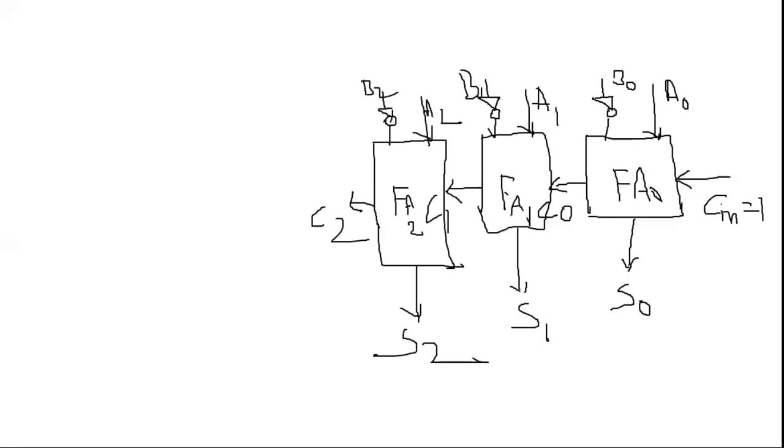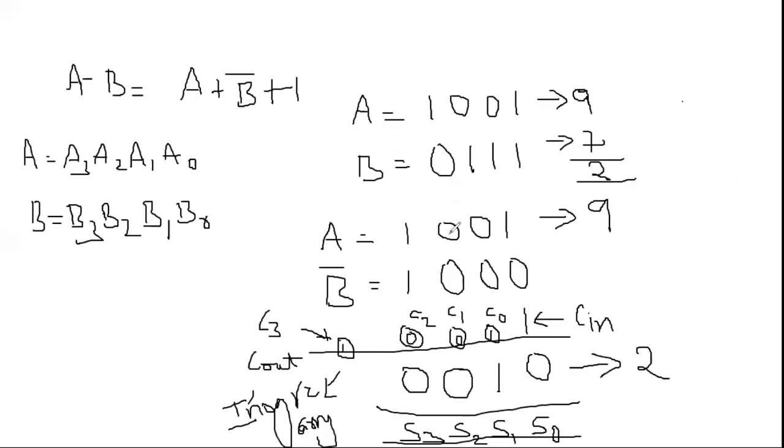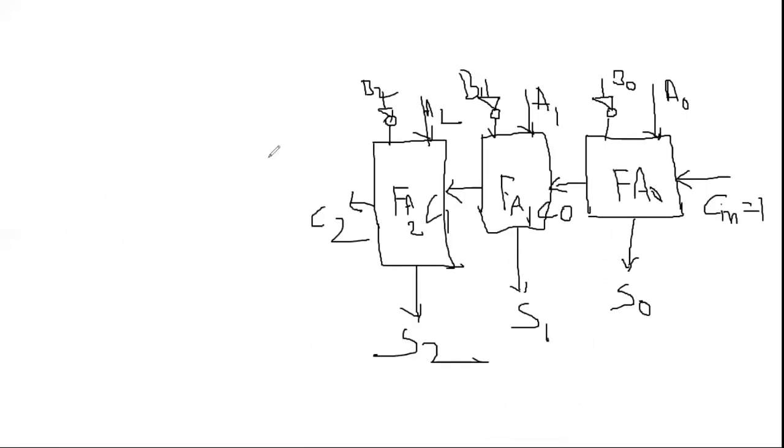S2 we got by taking A2 and B2 bar with C1, the carry from A1 and B1. So you get C2 and S2.